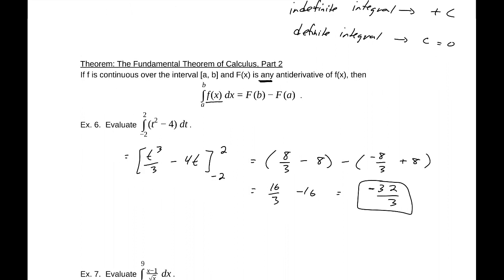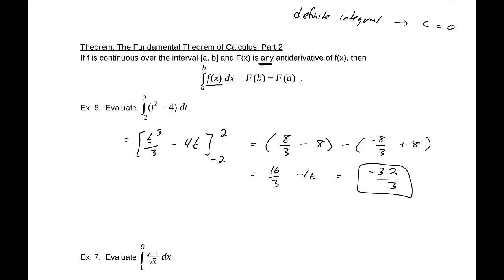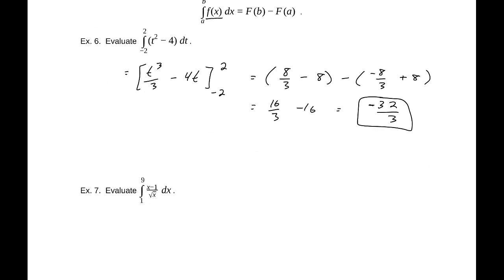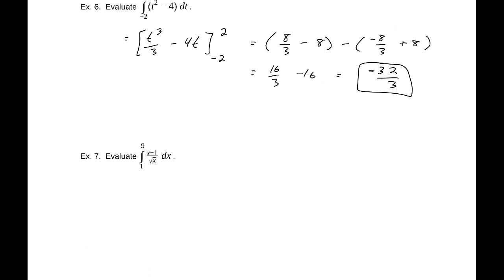But we can tie our antiderivatives together with our area. Okay, going back to that. Evaluate the integral from 1 to 9 of x minus 1 over root x. First trick we want to pull, algebra. This will be x to the 1/2, subtracting the exponents, minus x to the negative 1/2.